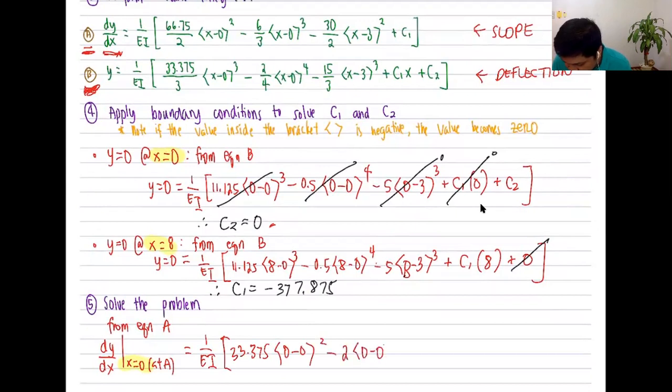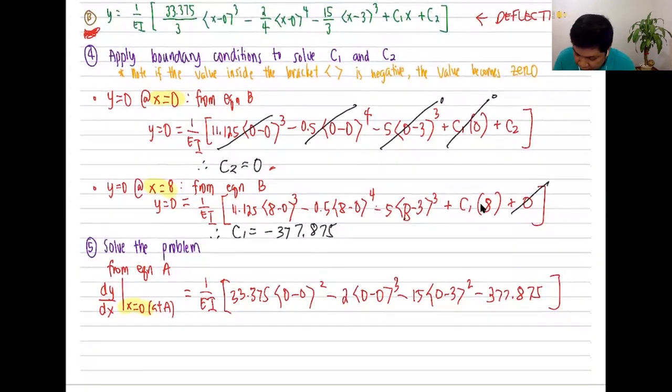X minus 0, so 0 minus 0 cubed, minus 30 all over 2, that's 15. 0 minus 3 squared. I'm sorry, my handwriting is not that good. Plus C1, and we have already solved C1 to be equal to negative 377.875.